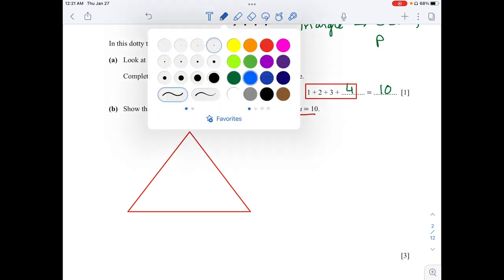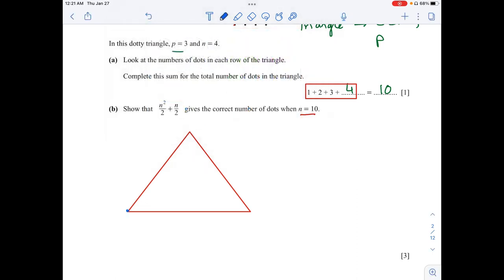So I can take out 10 dots: 1, 2, 3, 4, 5. I draw it much more spaciously: 1, 2, 3, 4, 5, 6, 7, 8, 9, 10. 10 dots on each side.